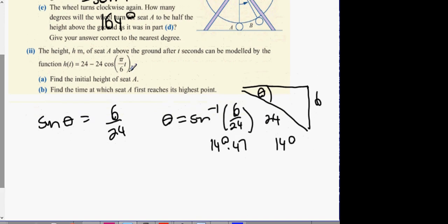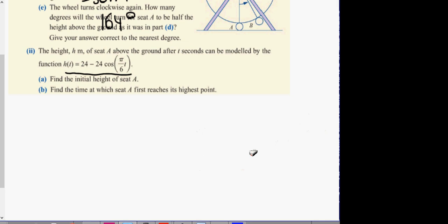The height h of the seat C above the ground after t seconds can be modelled by the function h of t equals 24 minus 24 cos pi over 6t. Find the initial height of the seat. Now lads, this is like a function question. Initial height means what? When time hasn't started. This means that t equals 0.